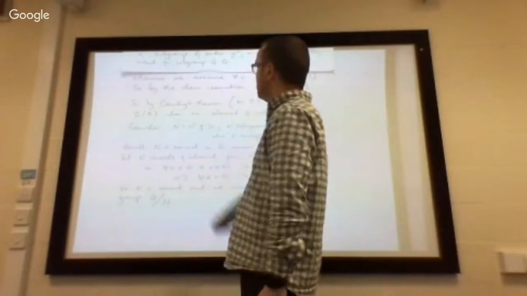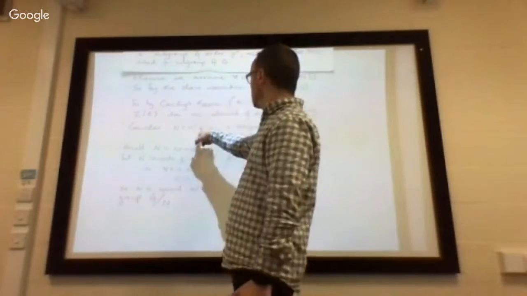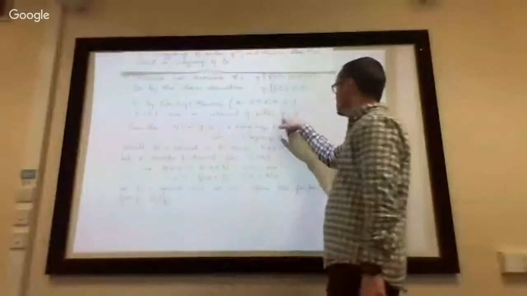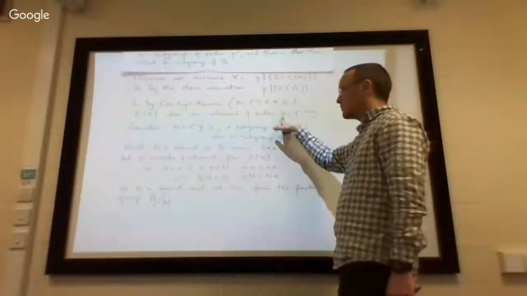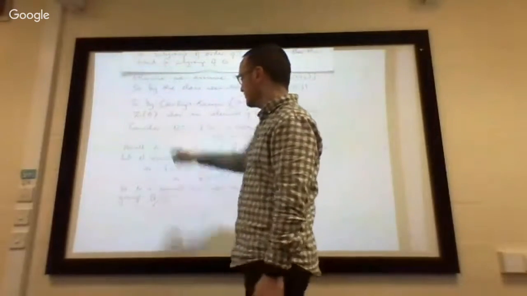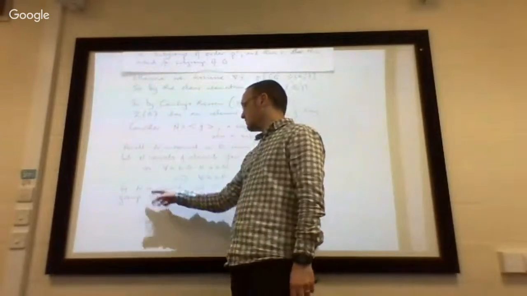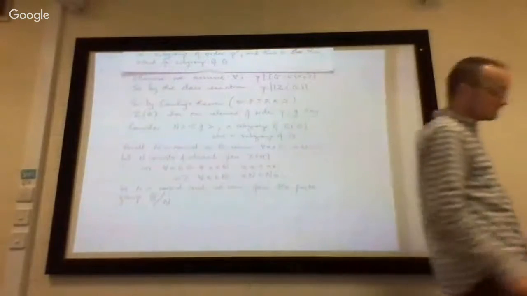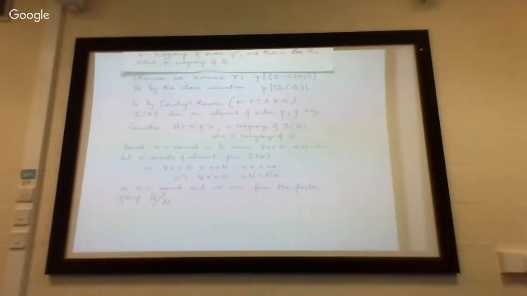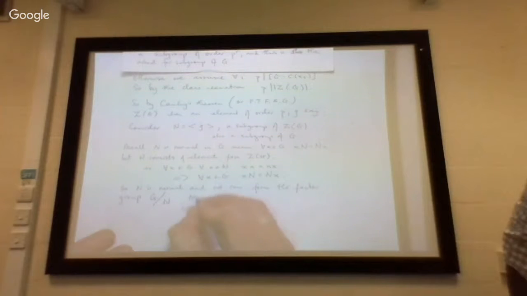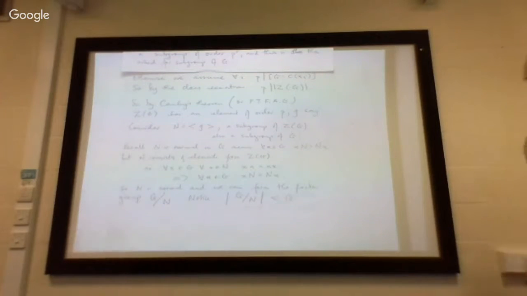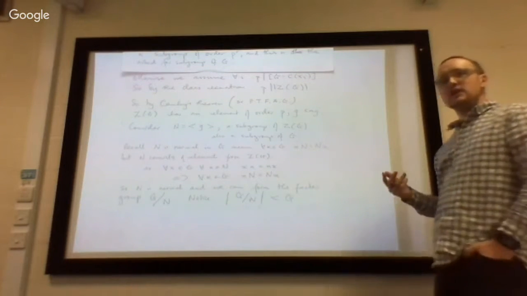Yes, because N is generated by this element little g, which has prime order p. So N is a non-trivial subgroup, and you're definitely forming a smaller group. So the size of the factor group is certainly smaller than G, and it will be covered by the induction hypothesis.